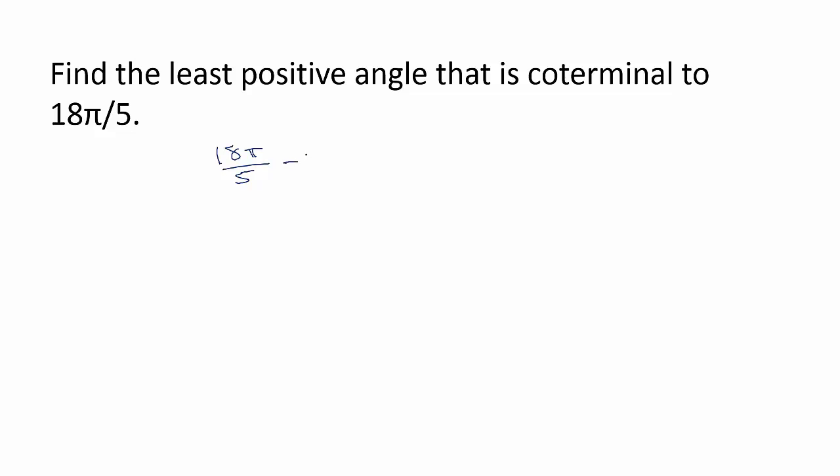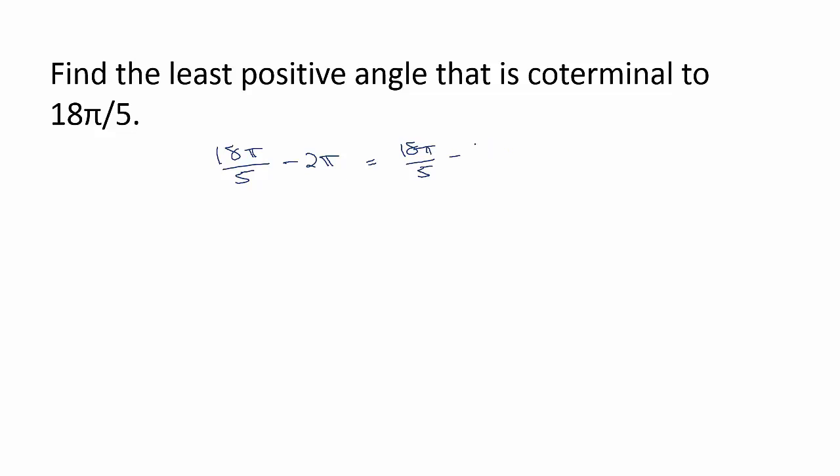So what I'm going to do is just subtract full revolutions from this angle in radians until I get down to an angle that's still positive but less than one full revolution around.